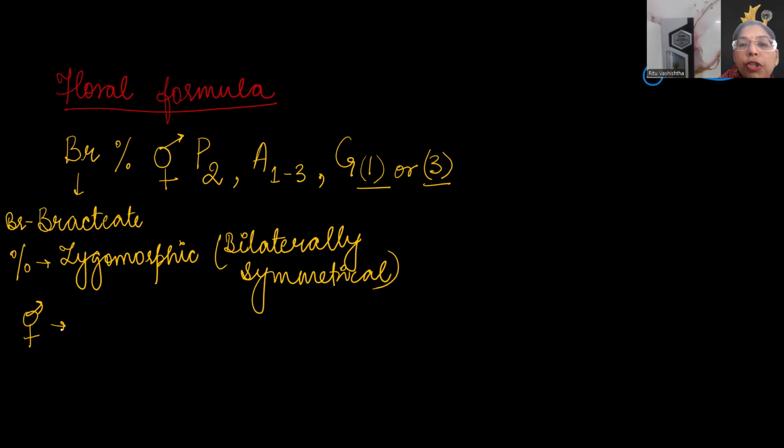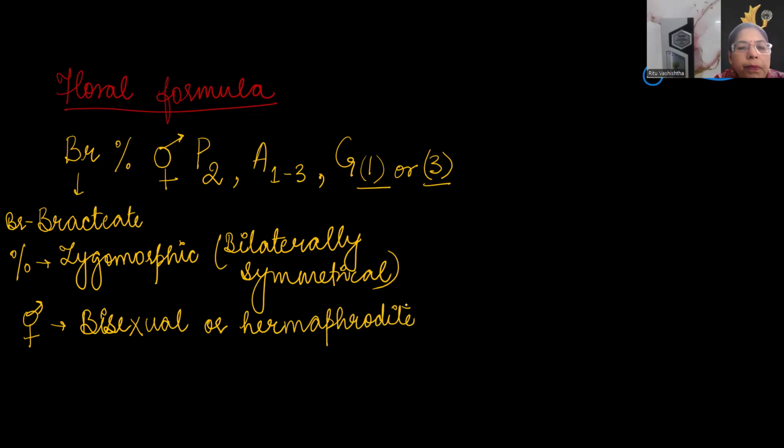If both androecium and gynoecium are present in the flower, then we use the term bisexual. So here it is bisexual or hermaphrodite, if both the sex organs are present, stamen as well as the carpel. P stands for the perianth.